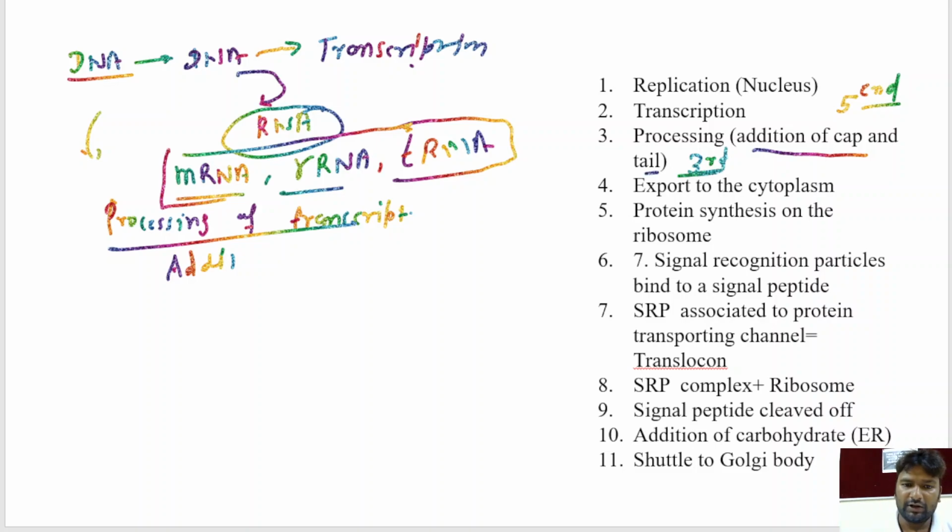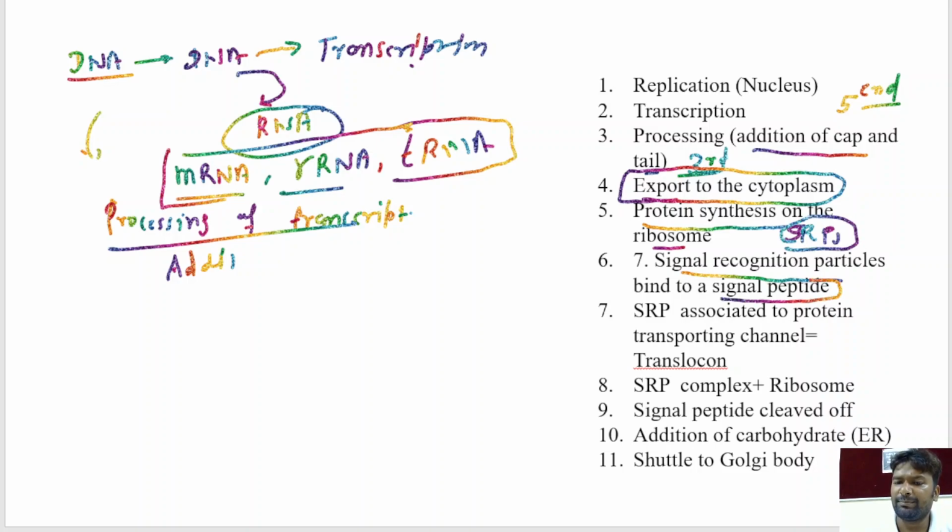Okay friends, now this transcript moves to the cytoplasm, then protein synthesis occurs on the ribosomes, and after the synthesis of proteins there is binding of signal recognition particles, also called SRPs, which are attached to the signal peptides. So in this transcript there are 15 to 30 amino acids which act as a signal peptide.